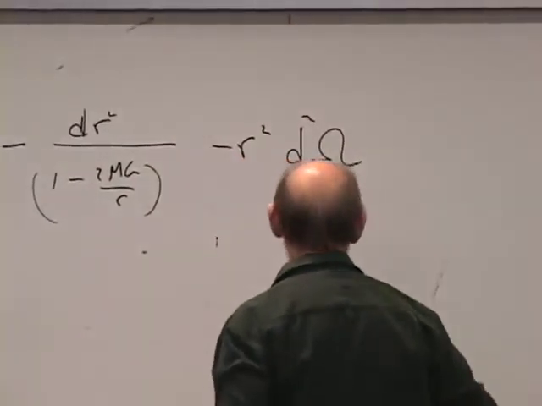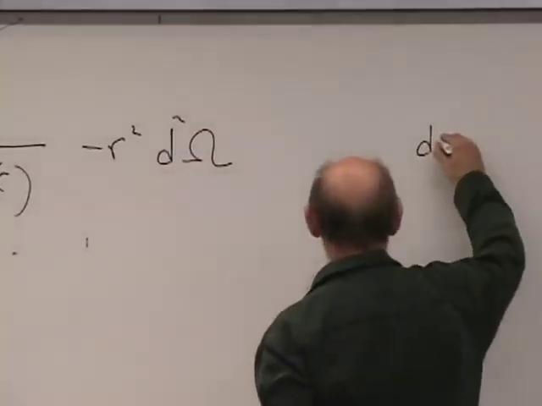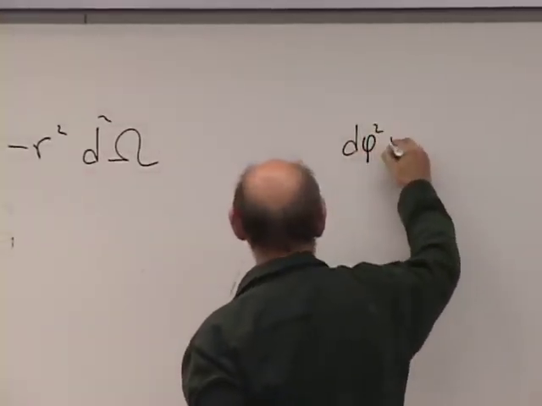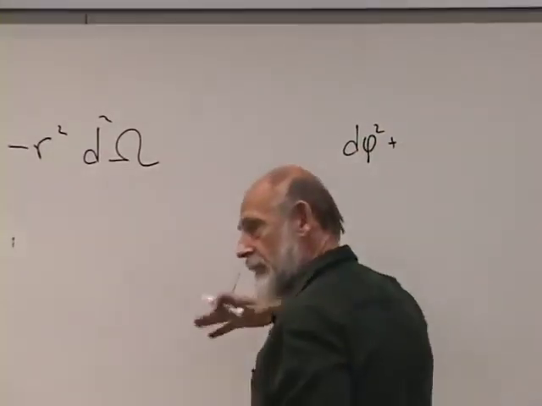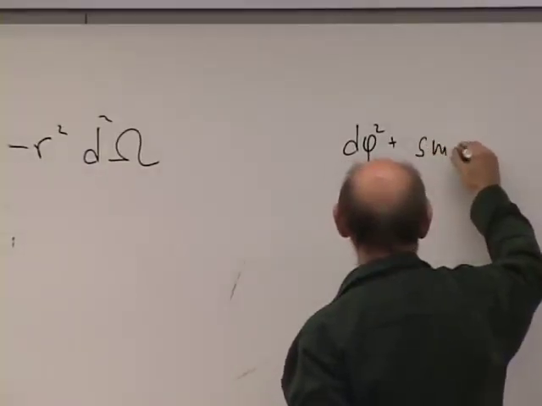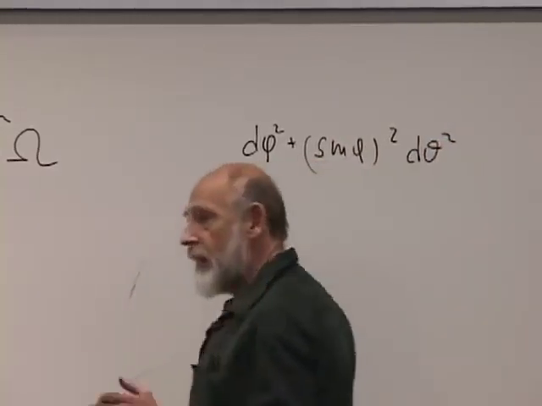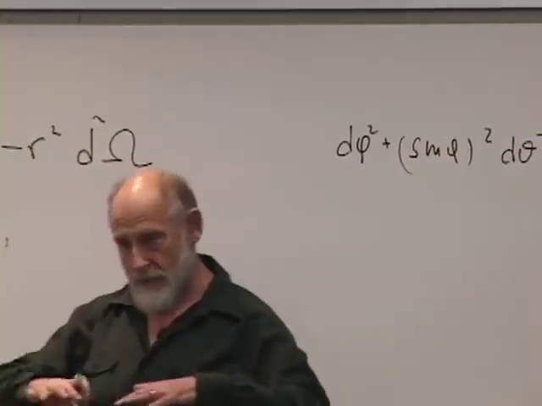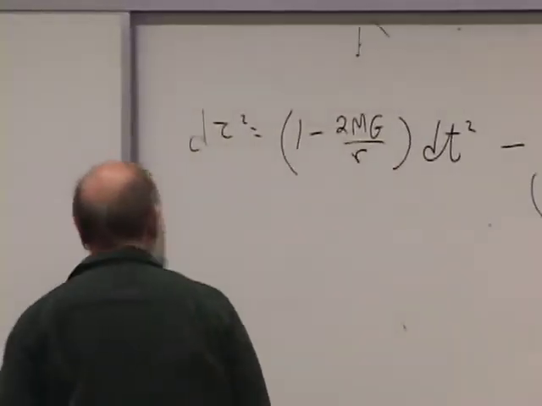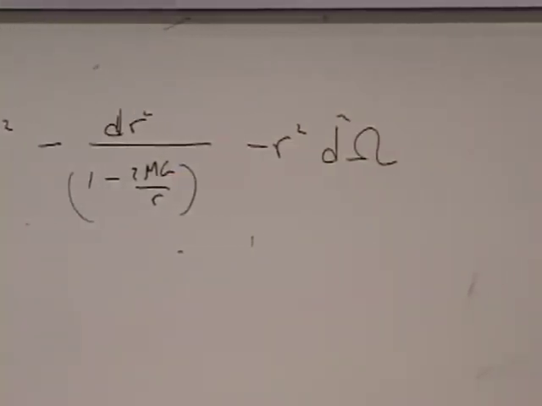And the d omega squared is d phi squared, plus either cosine or sine, depending on where you measure the angle from, sine squared phi d theta squared, where theta and phi, just looking around you, are a polar angle and an azimuthal angle. That is the metric of the Schwarzschild black hole. That's all there is to it.